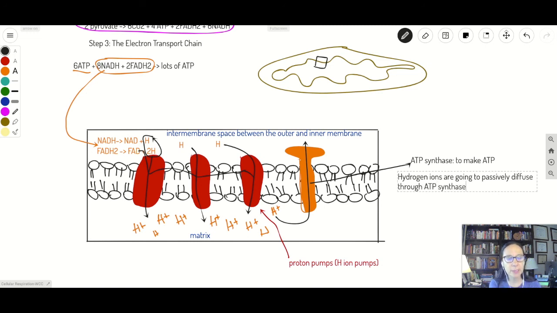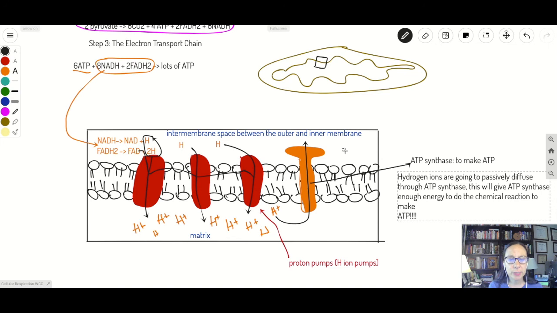They passively diffuse through there because there are more hydrogen ions in the matrix compared to outside of the matrix. And things passively diffuse when they go from a high concentration to a low concentration. So passively diffusing through ATP synthase will give ATP synthase enough energy to do the chemical reaction to make ATP.